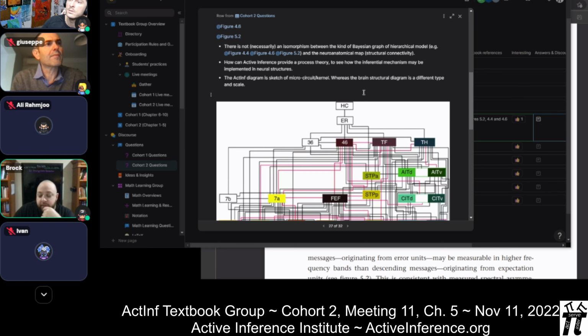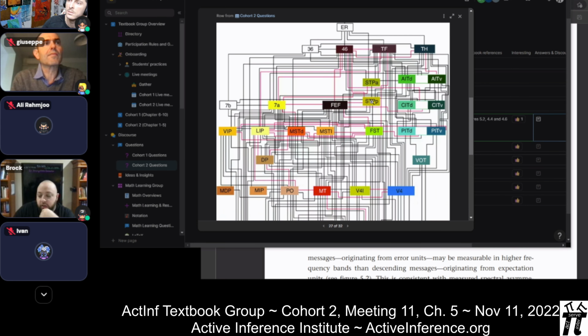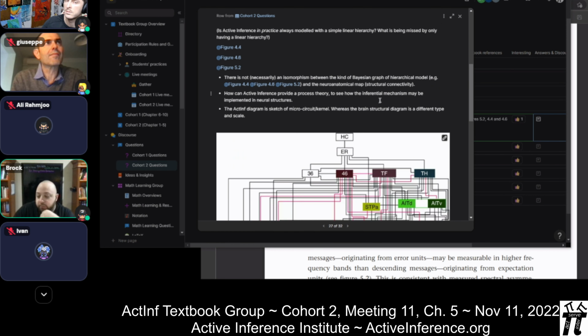If you're trying to map that to a brain, or any kind of system with discrete units that are close sometimes and not so close, then the arrangement of those will necessarily constrain the Bayes graph to some degree.